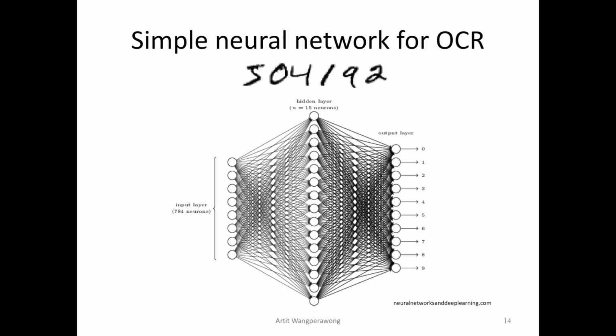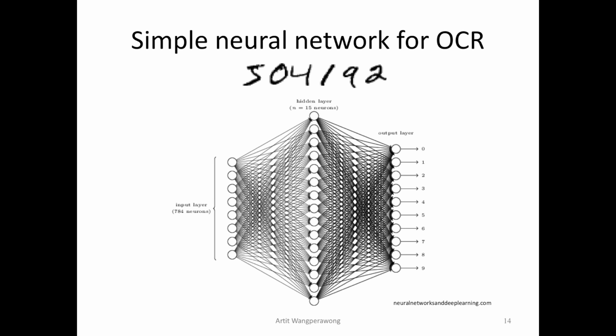Now, as a friendly reminder, in recognizing these handwritten digits, we need to have 784 input neurons because there are 784 pixels. Remember, it's a 28 by 28 image for each one. And then for the hidden layer, the layer in the middle, the second layer with the main artificial neurons, how do you choose? In this case, shown here is 15 neurons.